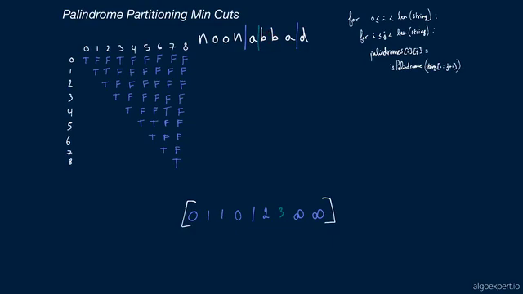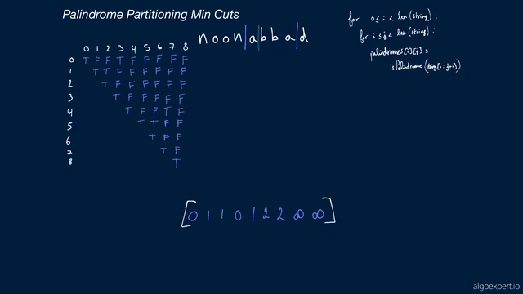So we would just need the minimum number of cuts for "noona" plus 1 from the cut that we put between "noona" and "bb." What was the minimum number of cuts for "noona"? It was 1. It was right here, 1. So 1 plus 1 equals 2, and 2 is less than 3. So we can erase this 3 that we had put tentatively, and we can replace it with 2.